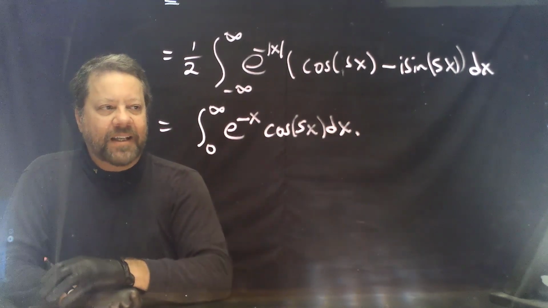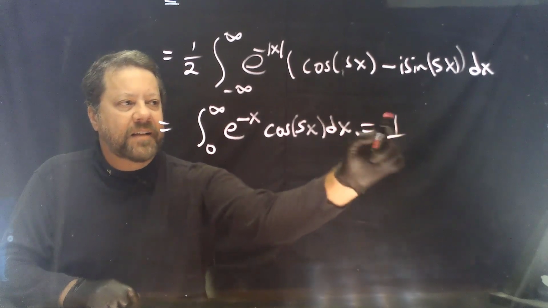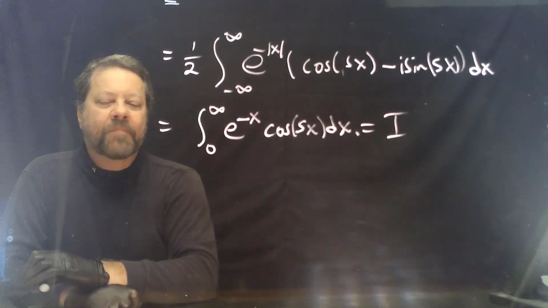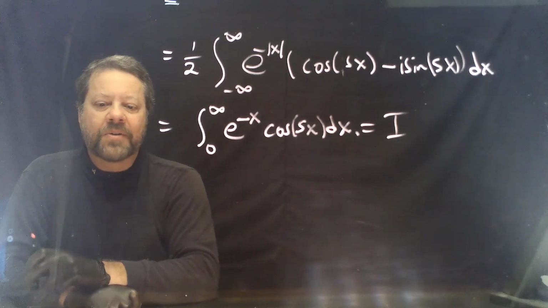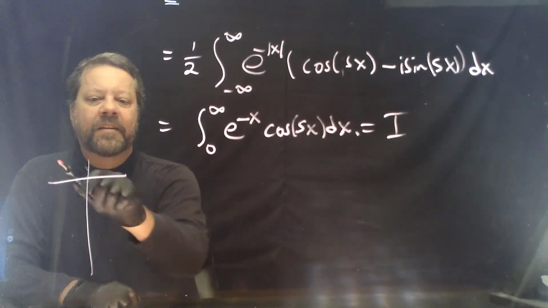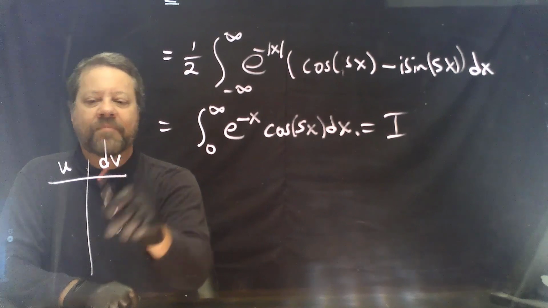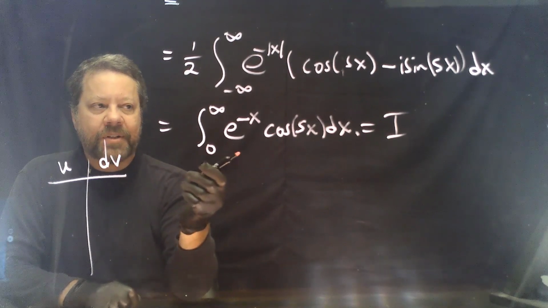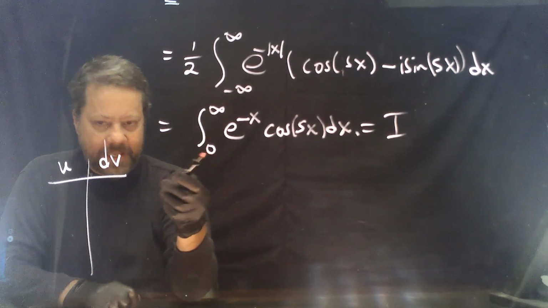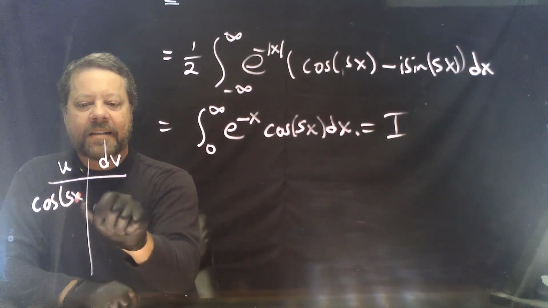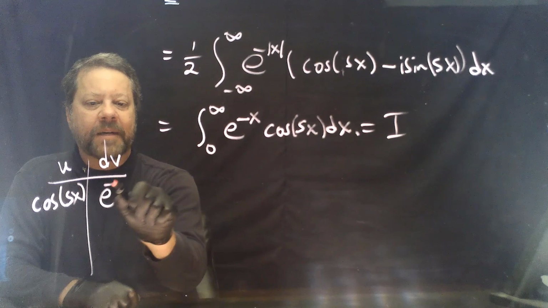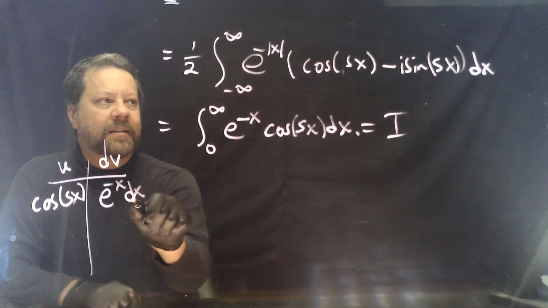We'll have to calculate this integral, which I'll denote by I, using integration by parts a couple times, so I'll use the tabular method. There's a u and a dv. It doesn't really matter which you take for u and which you take for dv. I'll take u to be cosine of sx and dv to be e to the minus x dx.